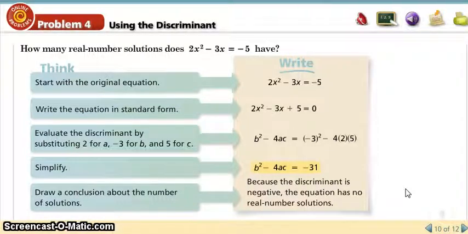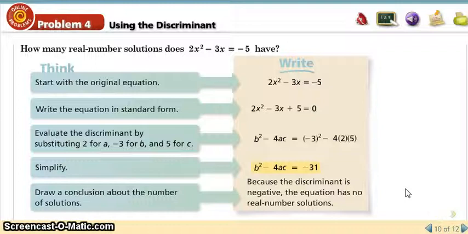If your discriminant is negative, you will have no real number solutions, because you can't take the square root of a negative number. If your discriminant is positive, then you will have 2 real number solutions. You can take the square root of any positive number. It may wind up being a decimal, but that's okay.